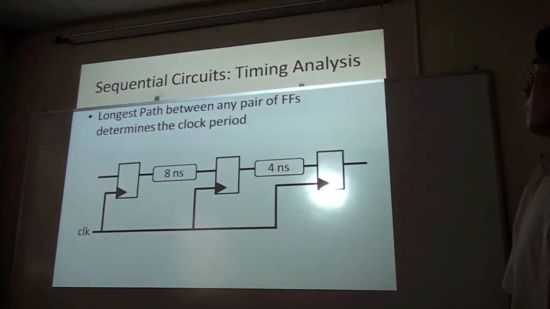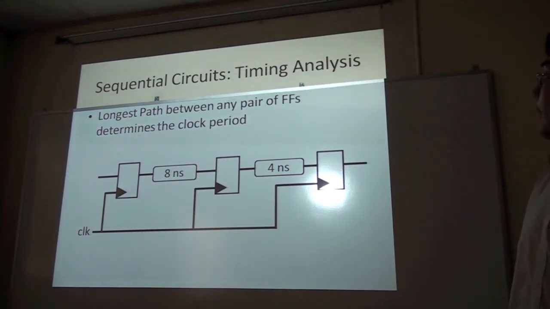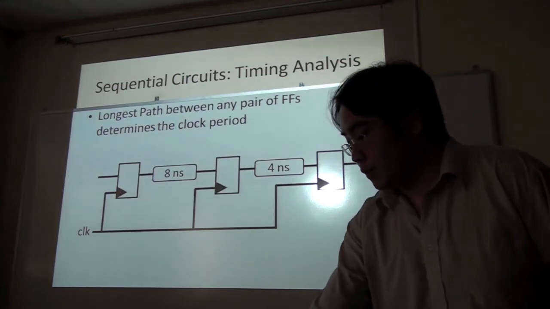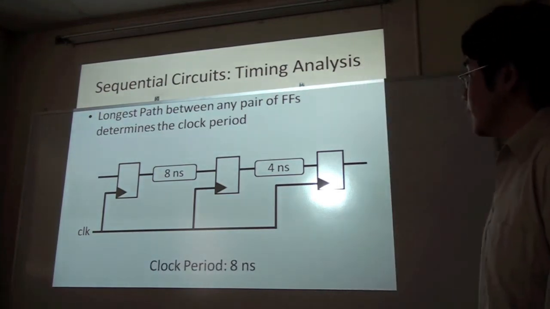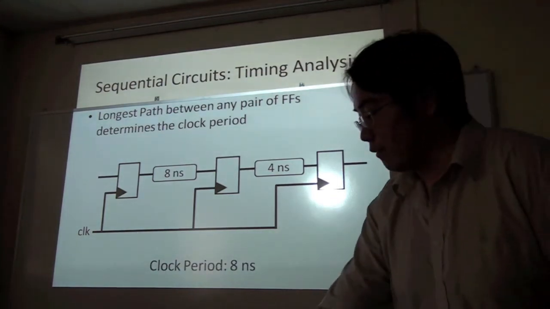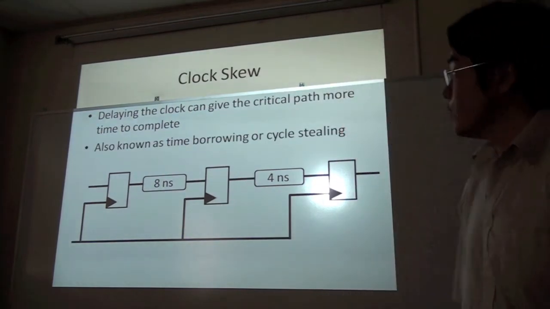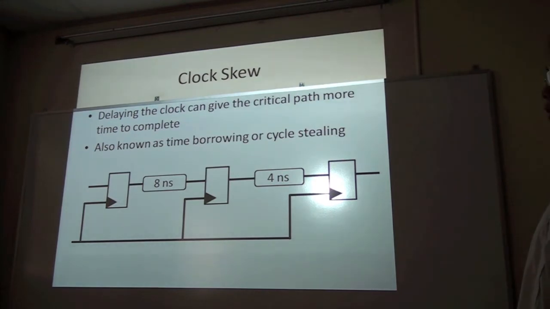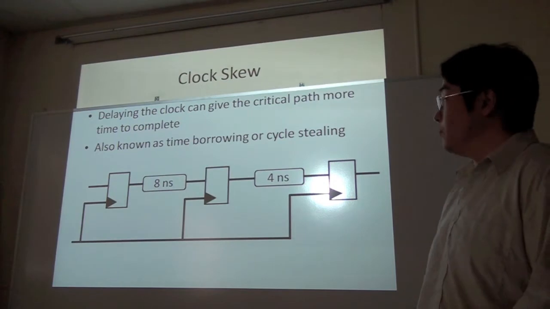So this is a very simple design. To figure out the clock period we can clock the circuit at, it is simply the longest path between any two flip-flops. And that is 8 nanoseconds between the leftmost flip-flop and the middle flip-flop. So the question is, how can clock skew help? Clock skew allows us to intentionally delay the clocks feeding into any of the flip-flops.